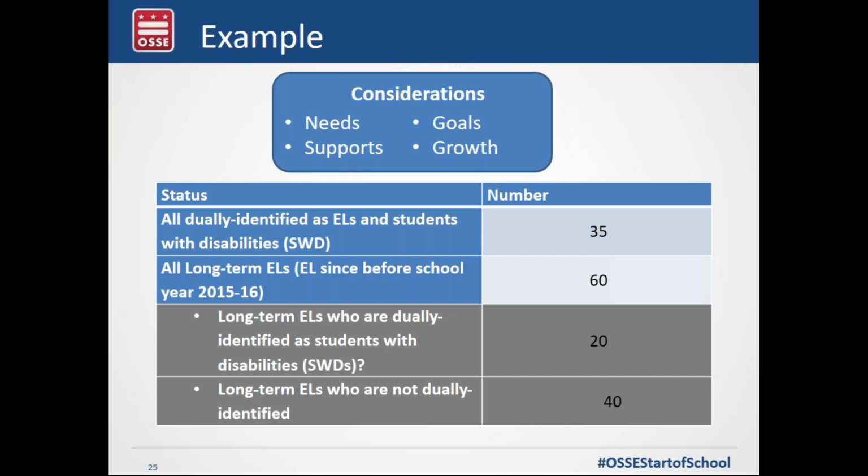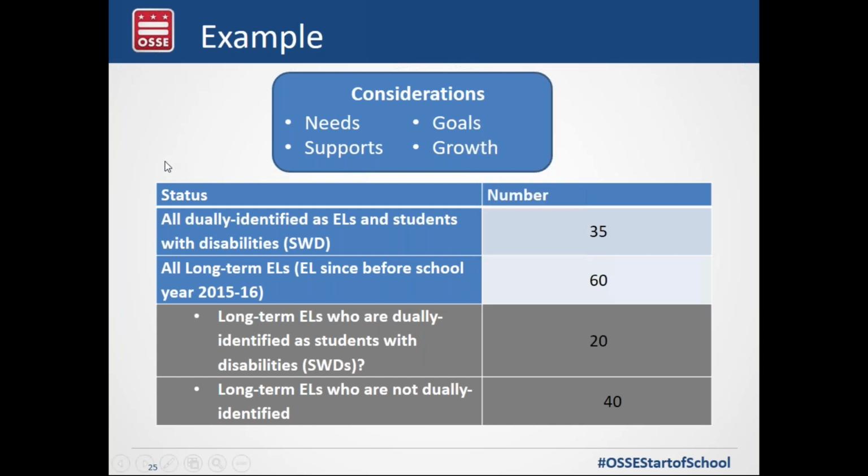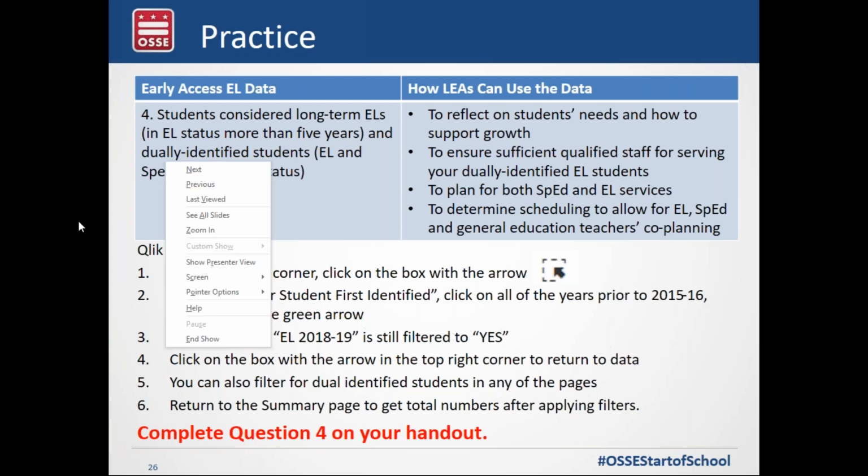And it's important to just focus on where those students are and be aware of that and see what do they need to help them progress and move through proficiency. Okay. So these are the steps, which are also in your handout. And we will go ahead and go back and do the year student first identified.